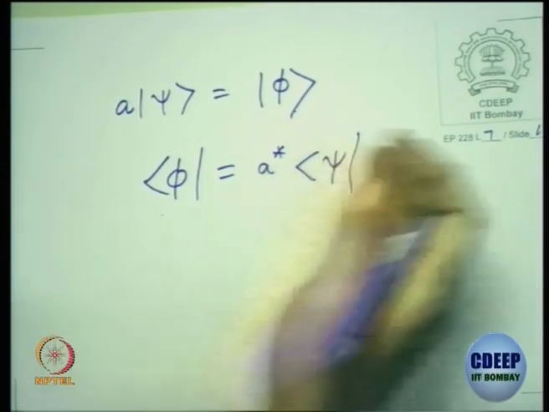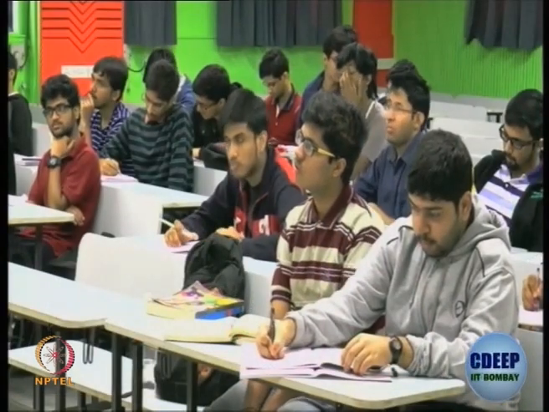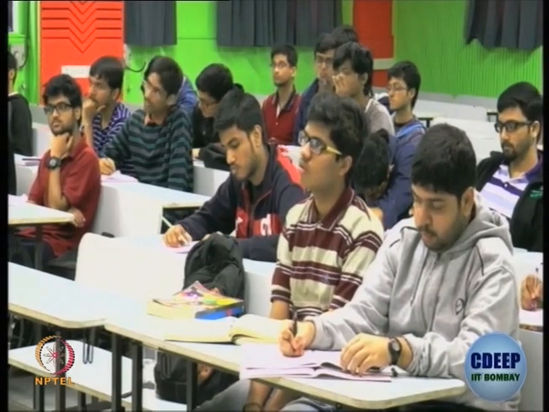This a star you can put this side or that side, it's just a number. Many of them make this mistake. Mechanically, when they write the dual vector, they don't complex conjugate the coefficients. Please remember this. It plays a very crucial role. Sometimes the observable quantity which you will evaluate will become complex. You don't want that to happen.